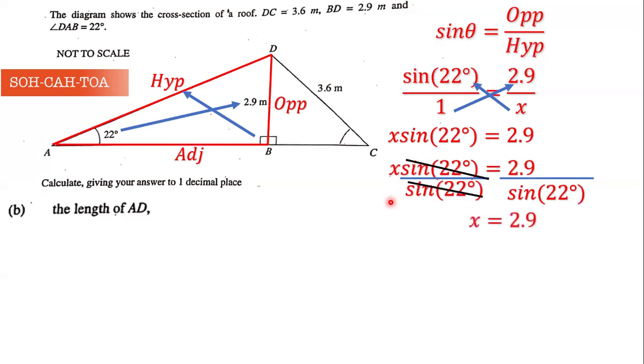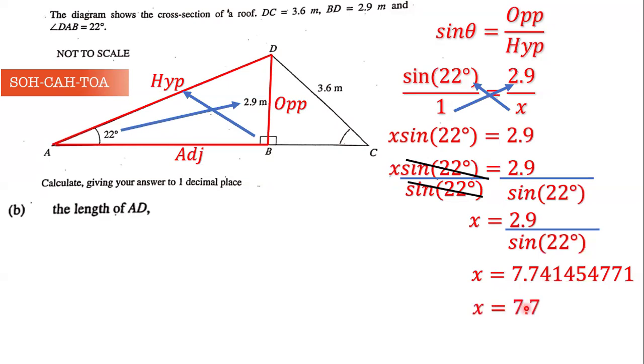So we get that x is equal to 2.9 divided by sine of 22, which means that x is going to be equal to 7.7414547771. But they want us to give our answer correct to 1 decimal place. Notice that the number behind the 7 is 4. And once it's less than 5, we cannot round up. So we are just left with 7.7. So that means that the length of AD is equal to 7.7.